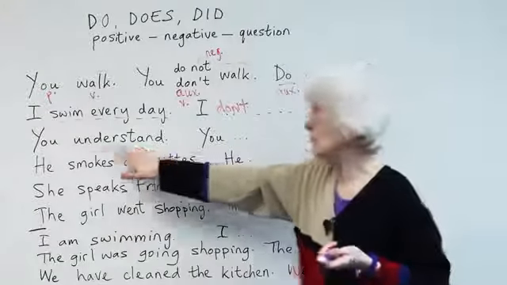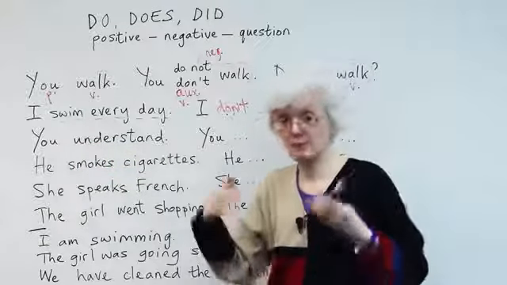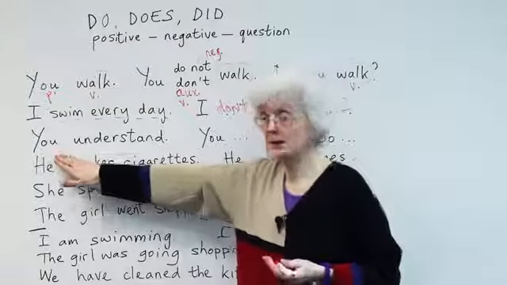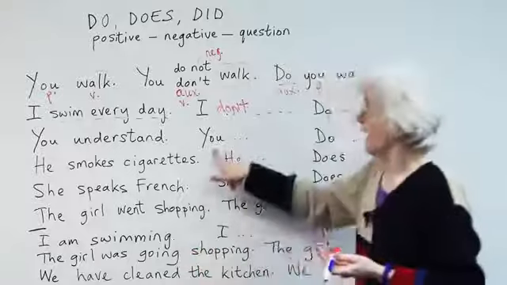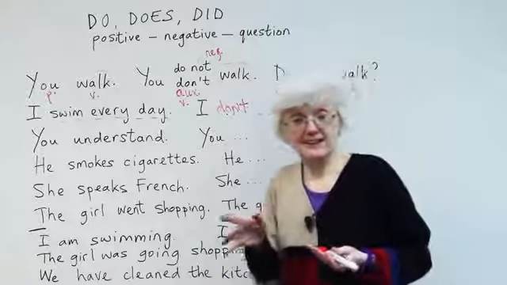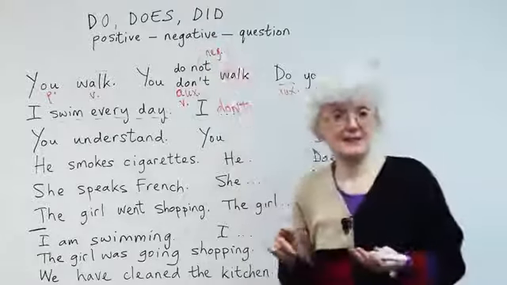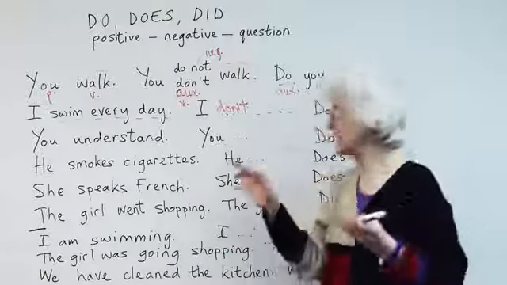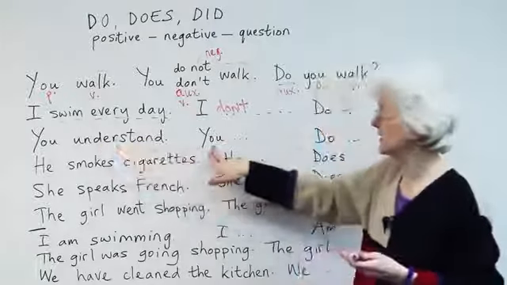I hope by now that you understand what I'm explaining about the verb to do. You understand. Now, what if it's negative? I'm not going to say it this time. I'll leave it for you to think. How would you say the negative of this?